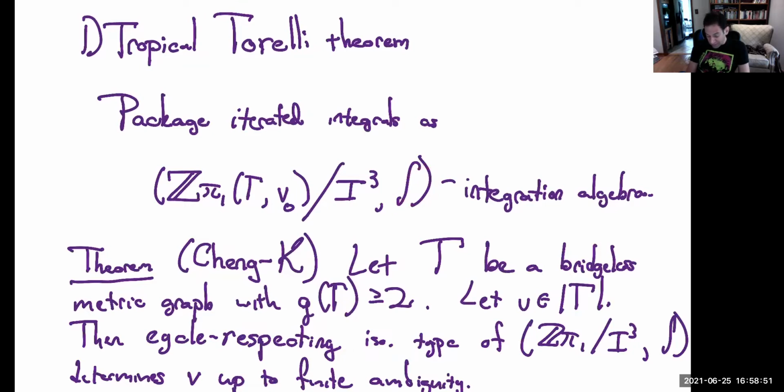And the reason why is I can just take the abelianization of this, or I can quotient by I squared and read off the homology, and then I have access to the tropical 1 forms. So I can describe this as an algebra together with this integration operation where I can pair an element here with an element of, or collection of elements in, I modulo I squared.